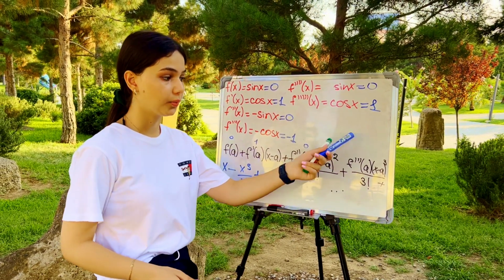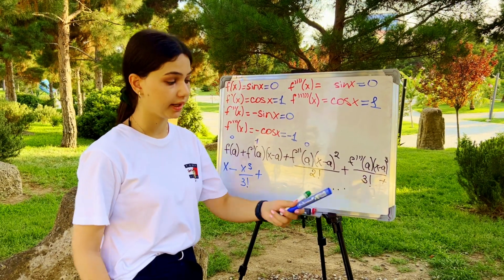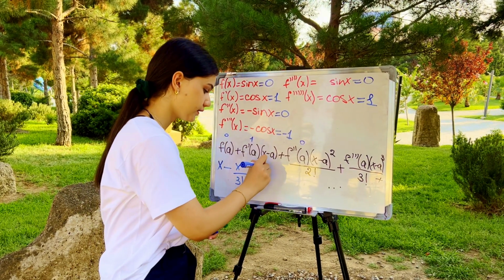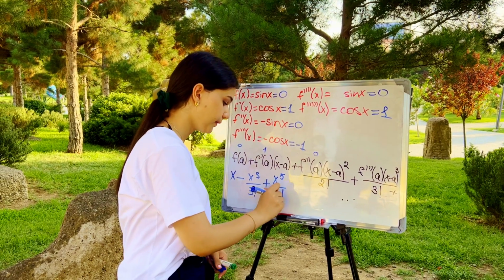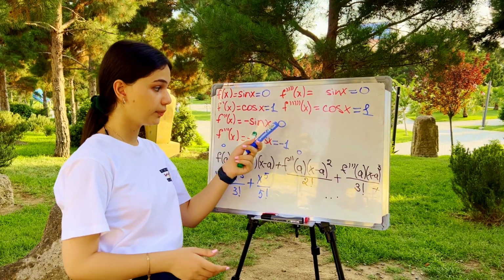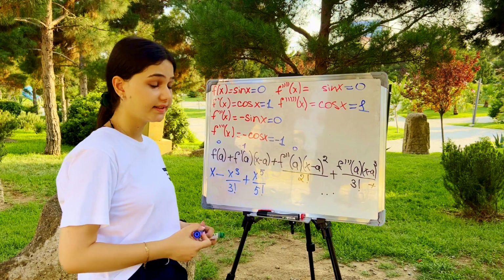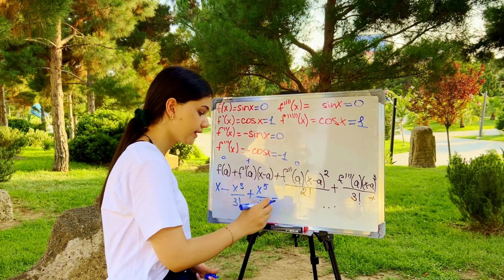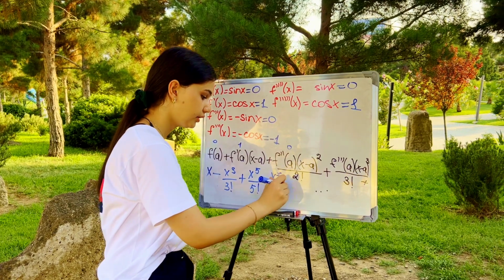That's why we'll get 1 multiplied by the same thing to the fifth power divided by 5 factorial. It is x to the fifth power divided by 5 factorial. The sixth one will also be 0 because it alternates. The seventh one will be negative 1. That's why I write again a negative sign, x to the 7th power divided by 7 factorial, plus.